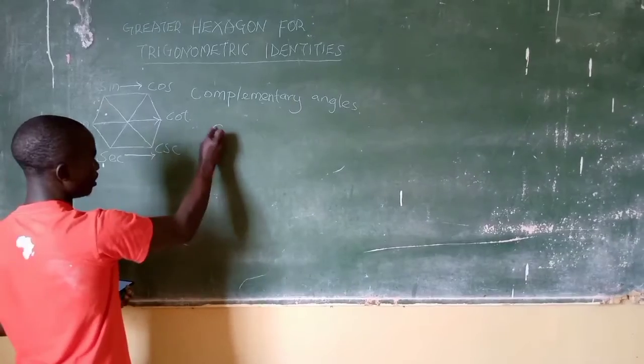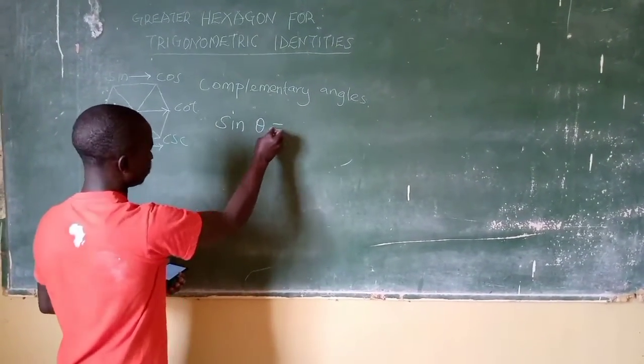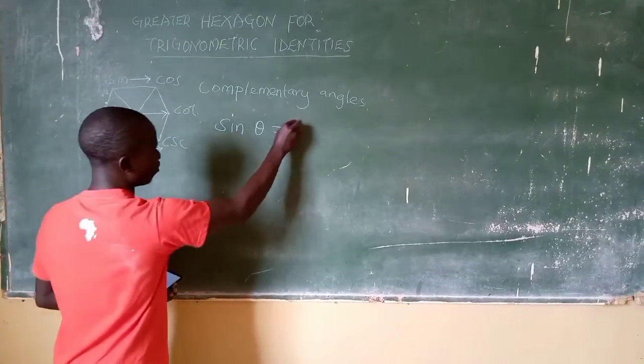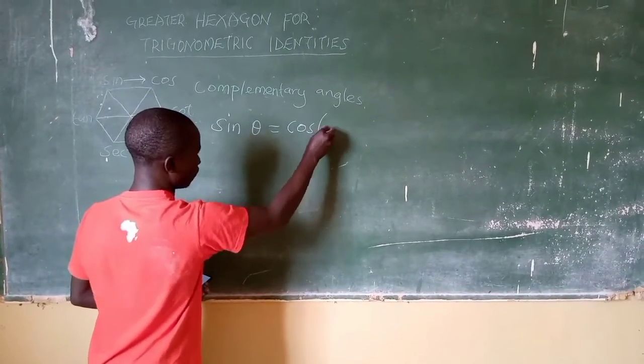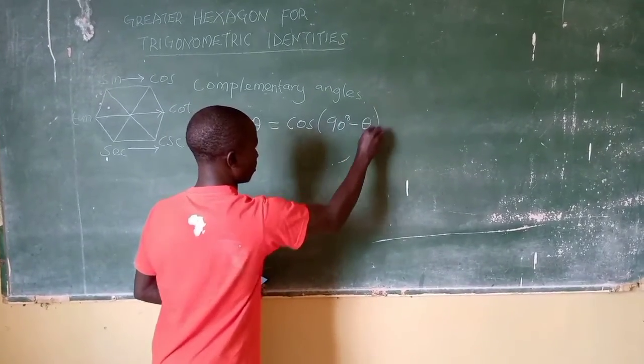So the sine of theta is given by the cos of 90 degrees minus the angle.